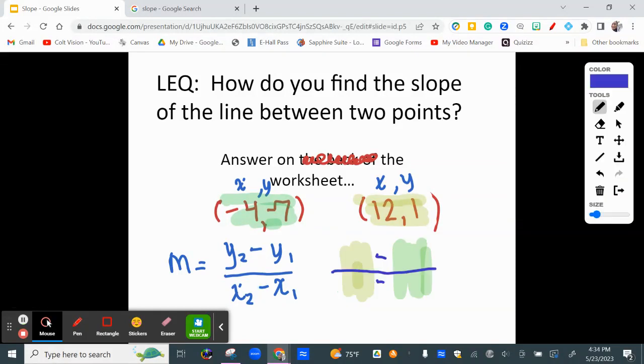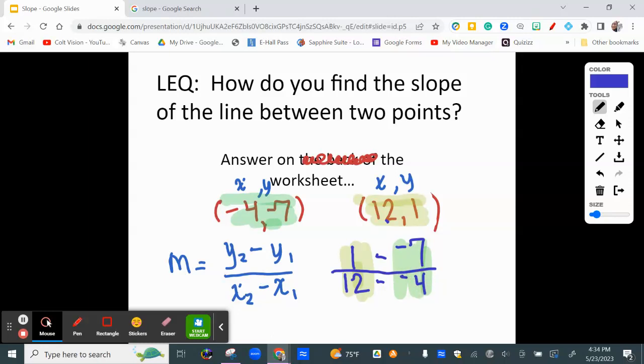So I'm going to do y2, so I'm going to do the second y, that's 1, minus the first y, negative 7. And then on the bottom, it's over x minus x. So I'm going to do the second x here, 12, minus the first x, negative 4.